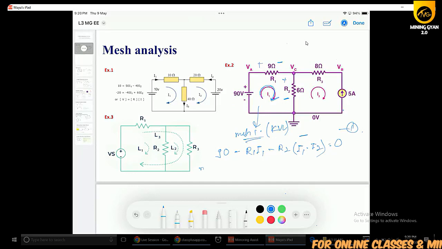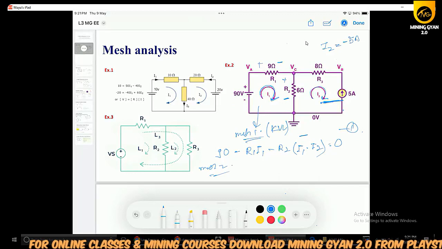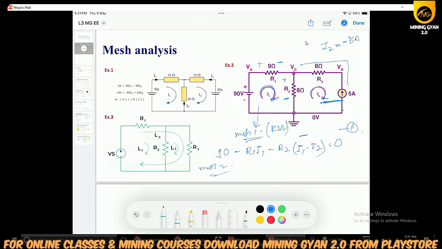Likewise, in case of mesh number 2, you can see that these two currents are in opposite direction, so I2 will be equal to minus 5 amperes, because I2 is flowing like this. How to write the equation? This will be at higher potential, this will be at lower potential.